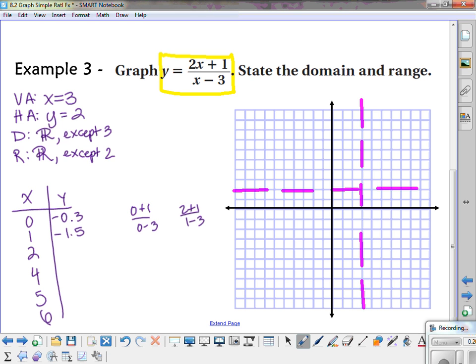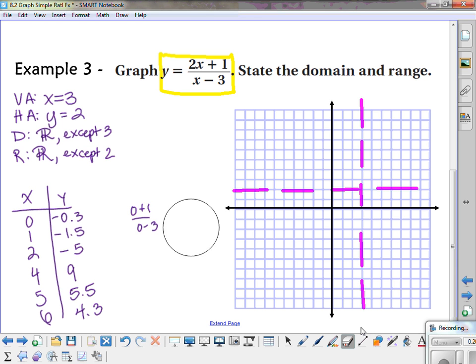And so on. Plugging in a 2, I get 4 plus 1 over 2 minus 3. So that comes out to negative 5. When I plug in the 4, I get 9. When I plug in the 5, I get 5.5. And when I plug in the 6, I get 4 1/3, so we'll just say 4.3.